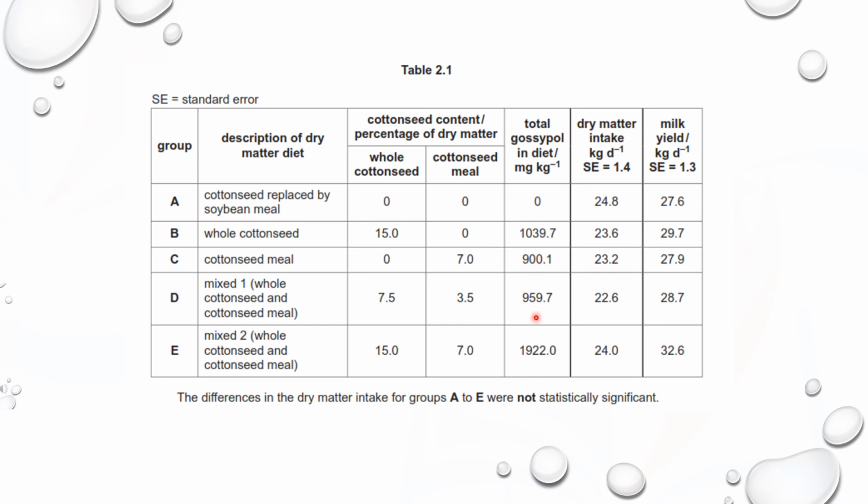The ones that have low gossypol in the diet have low yield. Look at this, the lowest. Follow this, it has the lowest milk yield. Now, if you check it again, you see that this doesn't support because A doesn't have gossypol and it still has high yield. Do you get? It still has high yield.